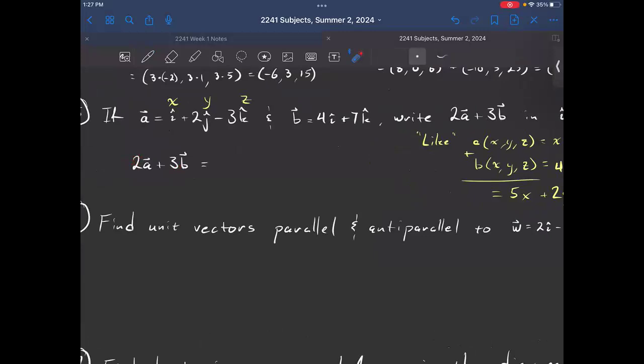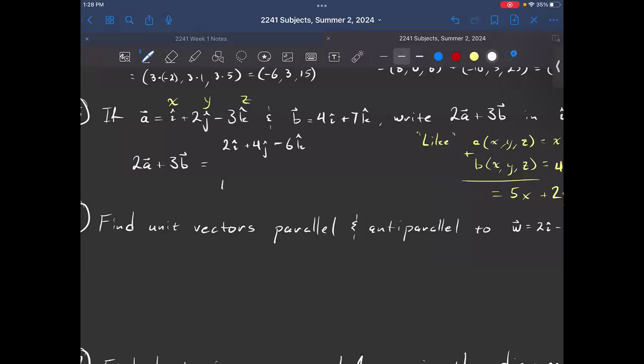Okay, so let's do that. A is this thing, and we're going to multiply all of those coefficients by 2. Again, we're thinking of it sort of like a polynomial. So we've got 2i plus 4j minus 6k. And then for b, we were multiplying that by 3.